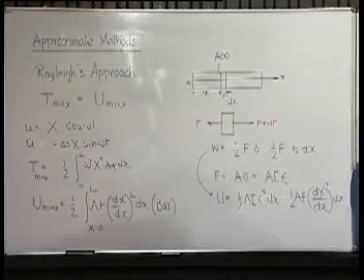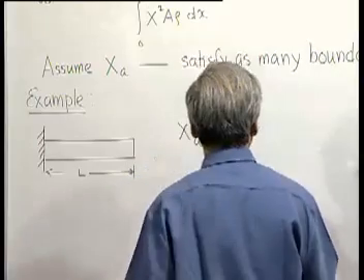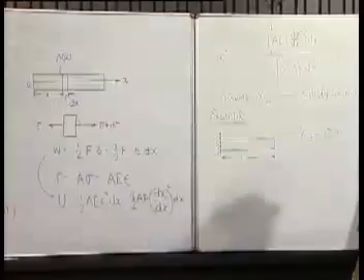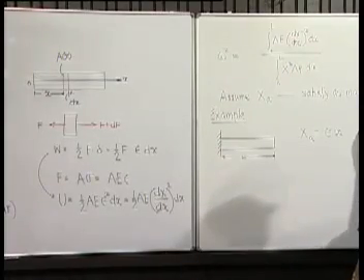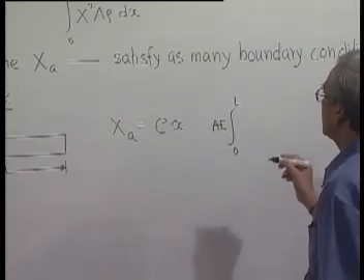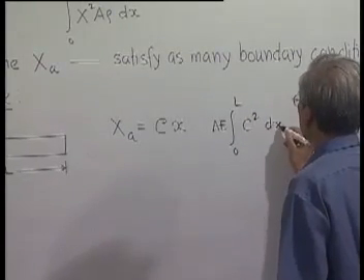But let us find out the natural frequency, the fundamental frequency. First the numerator, for a uniform case: A into E will go outside, and d x a by dx will be simply c, so c square into dx.